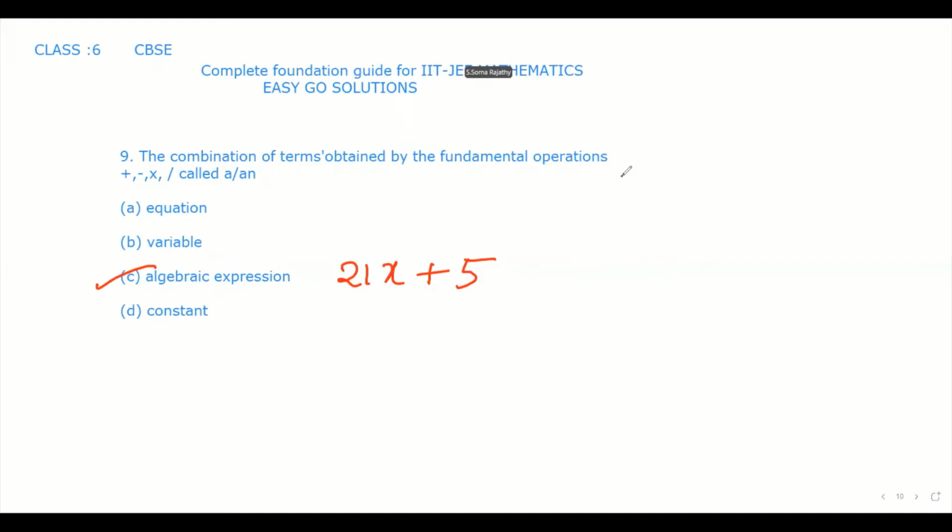An equation means you should have something like 5y square plus 7 is equal to 0. An equation will always have an equal to sign. They did not mention any equal to sign here. So a combination of terms obtained by fundamental operations is called an algebraic expression.